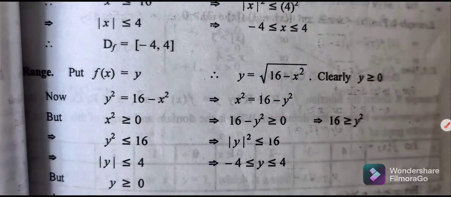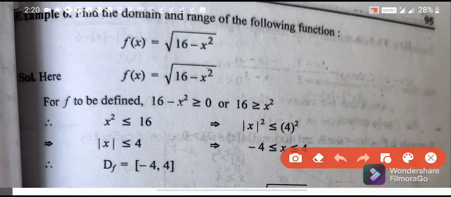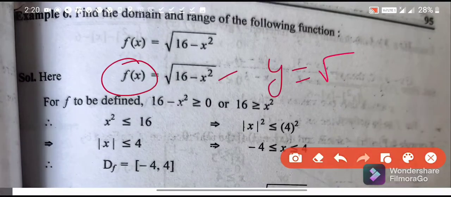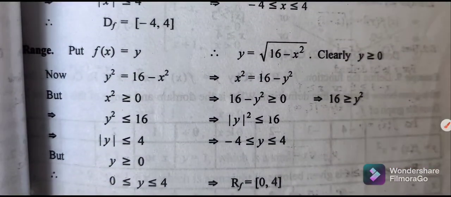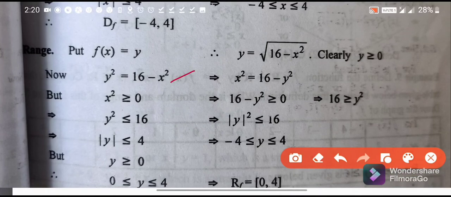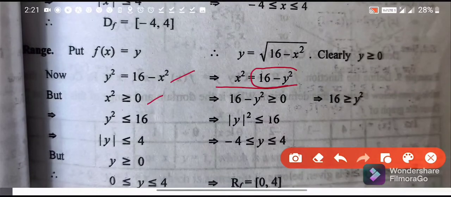Now for range, put f(x) is equal to y. So this equation becomes y is equal to under root of 16 minus x square. Then solve this by squaring on both sides. y square is equal to 16 minus x square implies x square is equal to 16 minus y square. Now x square is greater than equal to 0. That is, if left hand side is greater than equal to 0, then right hand side is also greater than equal to 0.